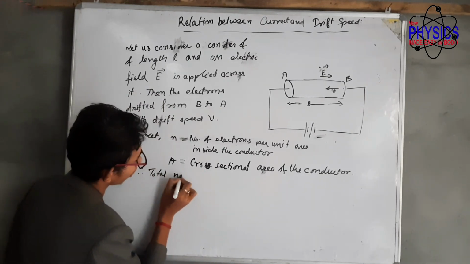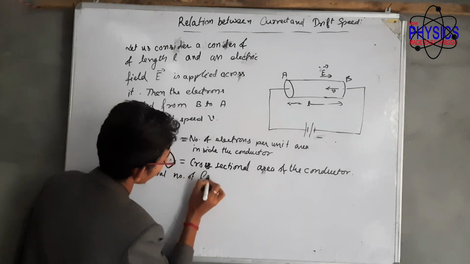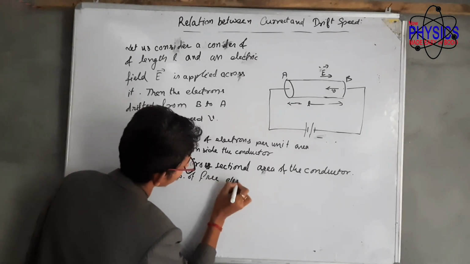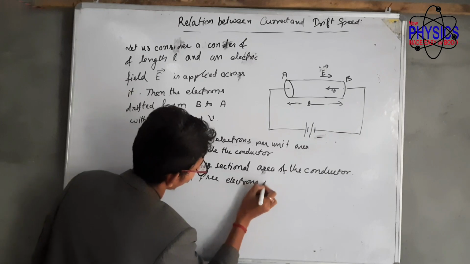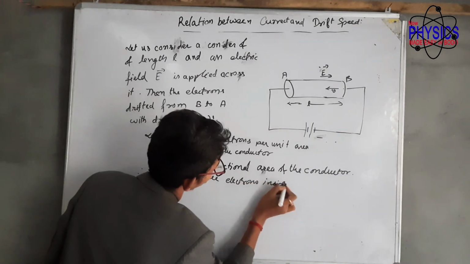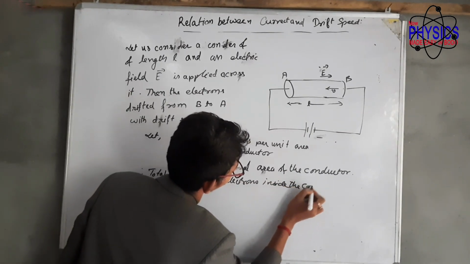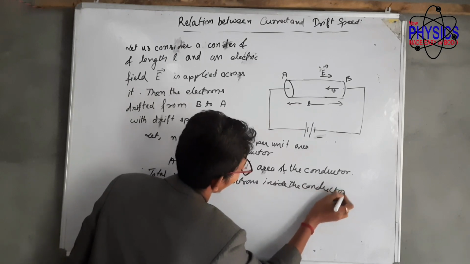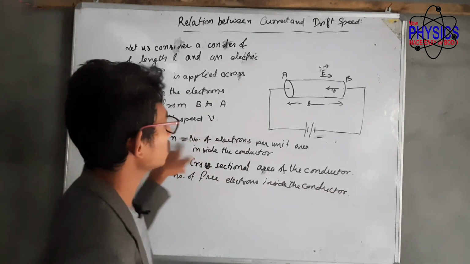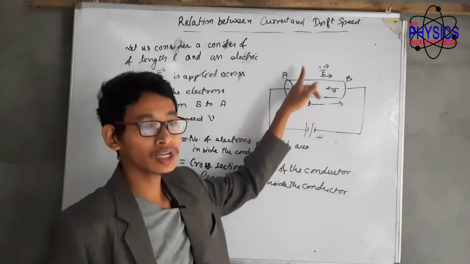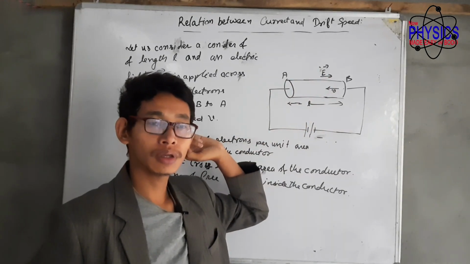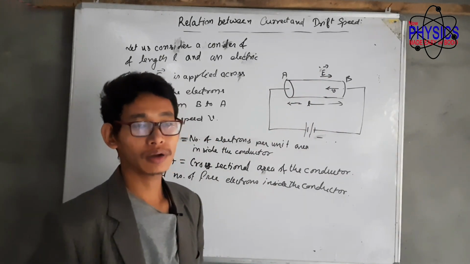the total number of free electrons inside the conductor. Earlier, what we have taken, this small n is per unit area.